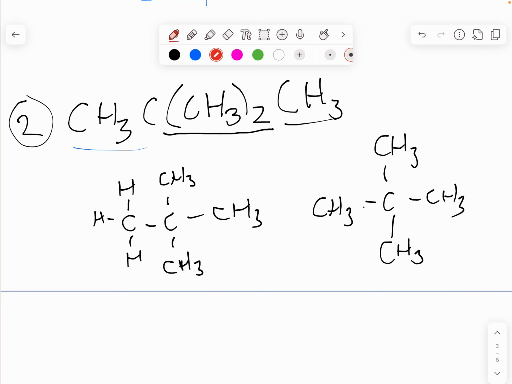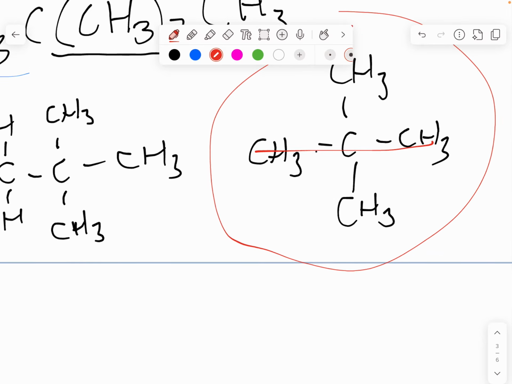So I'm going to look at this one here. If I go this way, I see 3 carbons. If I go this way, I see 3 carbons. If I go this way, 3, 3, 3, right? We're seeing 3 no matter which way we go. So it's going to be 3 carbons in the longest continuous carbon chain.